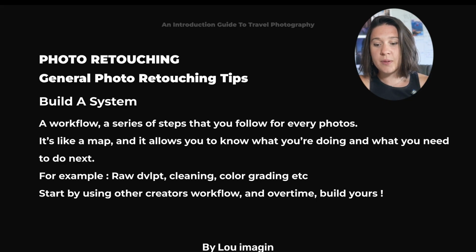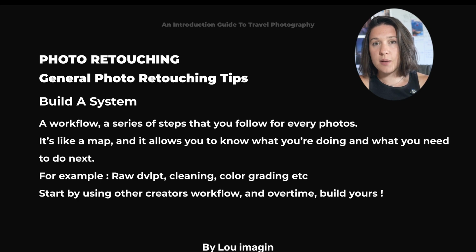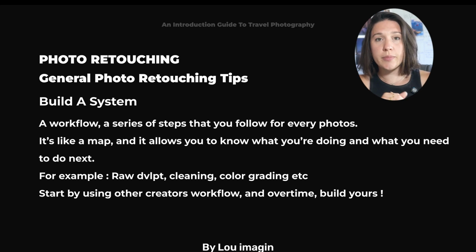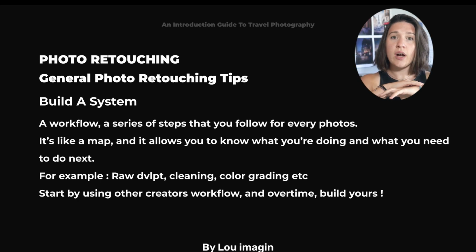Build a system. So when I say build a system, what I mean is build your own workflow. A workflow is a series of steps that you follow for every photo. It's like a map, and it allows you to know what you are doing and what you need to do next. So for example, in my workflow, I usually do the RAW development in Camera Raw, then I open my photo in Photoshop, I do the cleaning, then I do sky replacement if needed, then I do the color grading, and it's always the same steps for every image.